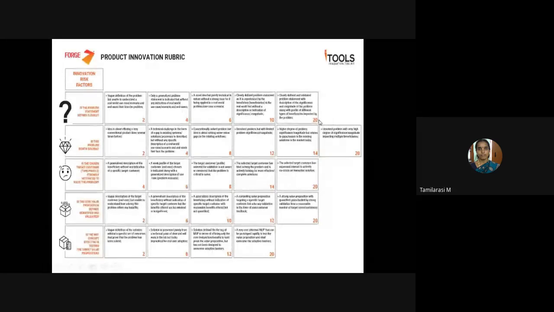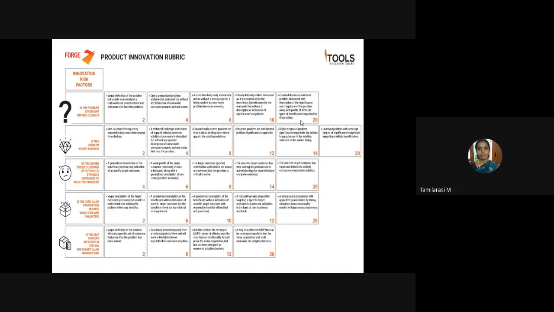So your problem statement should be clearly defined and validated with the significance and the magnitude of the problem, along with the profile of the different types of beneficiaries impacted by the problem. So you have defined the problem and for whom this problem is there. Those people are called customers or beneficiaries, who are going to benefit because of your project.